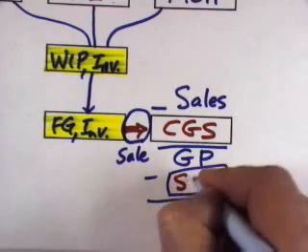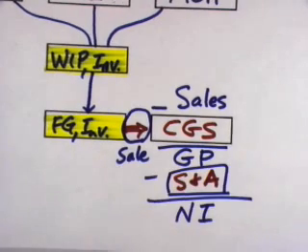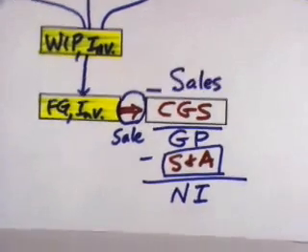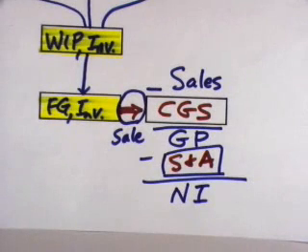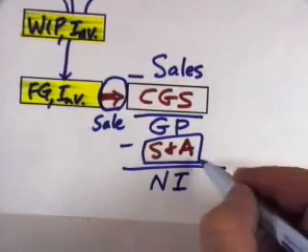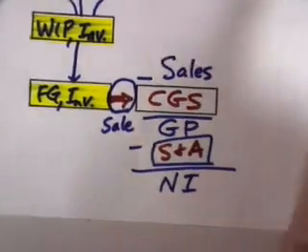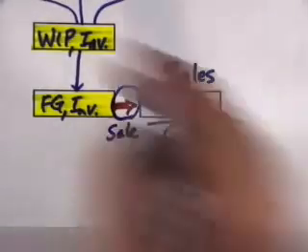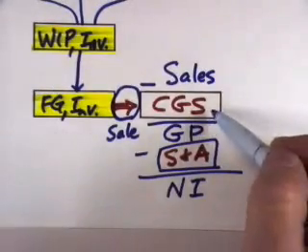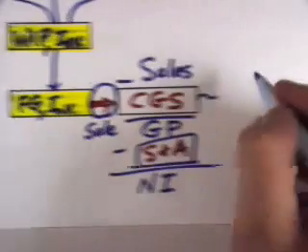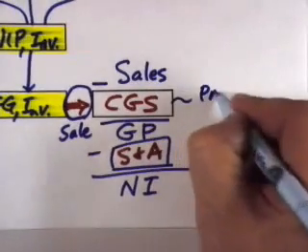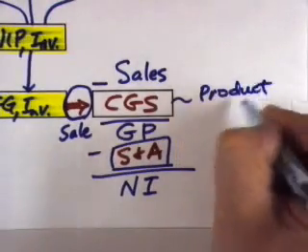So I'm going to call them S&A, selling and administrative expenses. And these are the other side of my costs. The product costs find their destination in cost of goods sold. So this is my product cost that has made it onto the income statement.